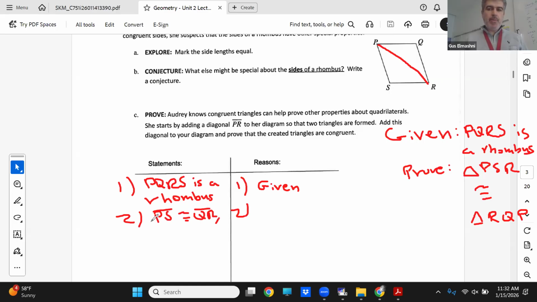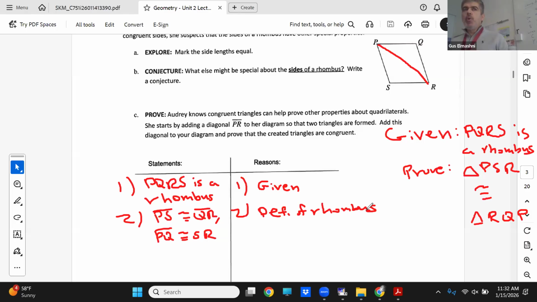And at the same time, PQ is congruent to SR. Yeah, exactly correct. I mean, they're all the same, but I'm going to be deliberate about the pairings so I can do the triangle congruence.